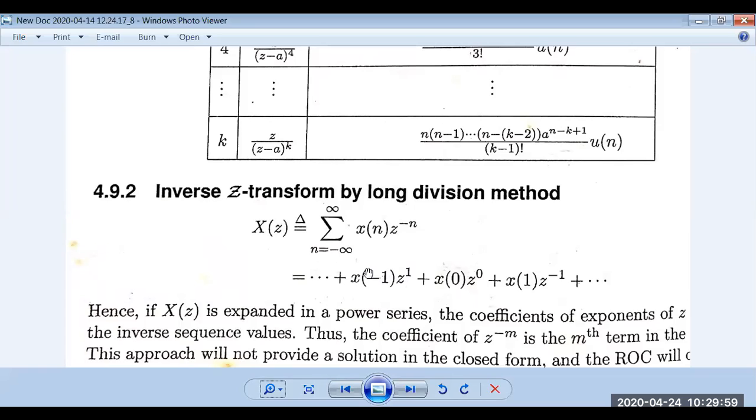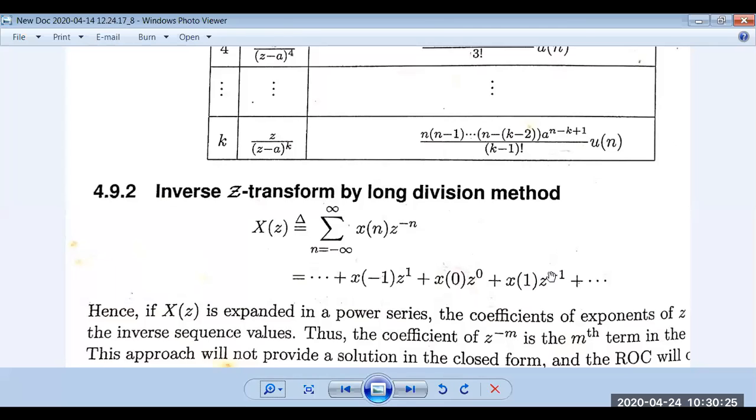So what is the previous term here? It is x of minus 2 z to the power minus of minus 2, so it would be z square here. So every negative n has got a positive power of z. Similarly, on the right hand side, every positive n has got a negative power of z.